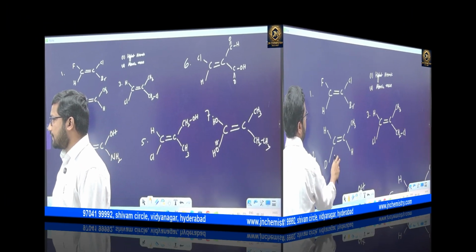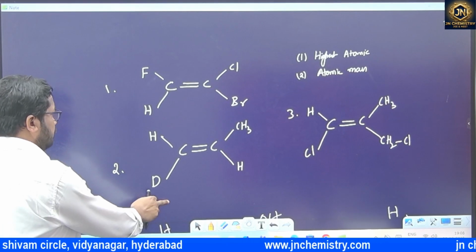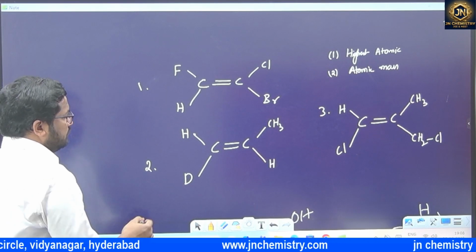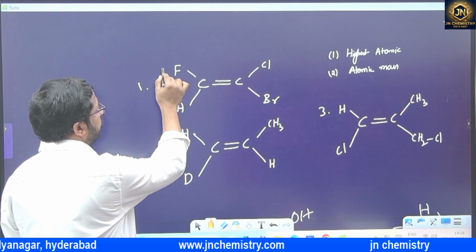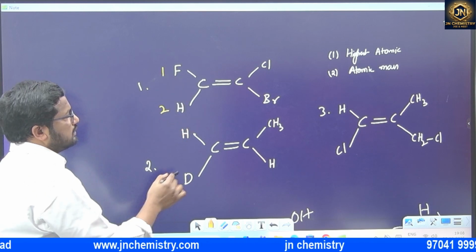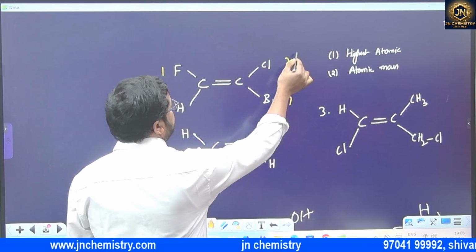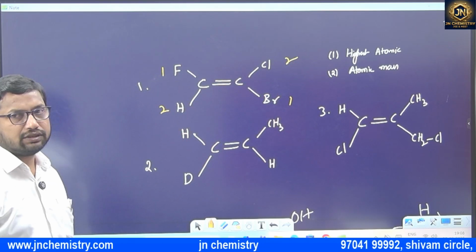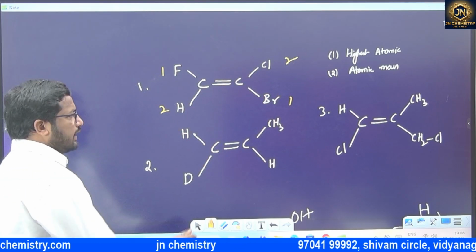Right or wrong doesn't matter. So first one: fluorine first, hydrogen second. Here bromine first, chlorine second. Opposite direction means E.